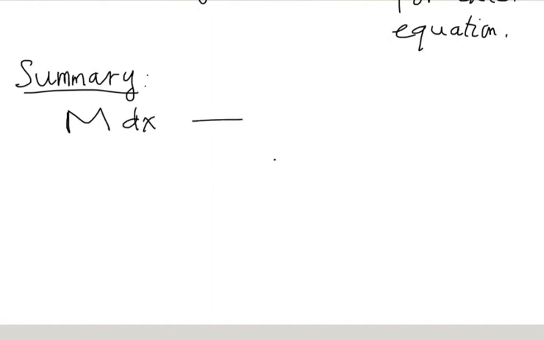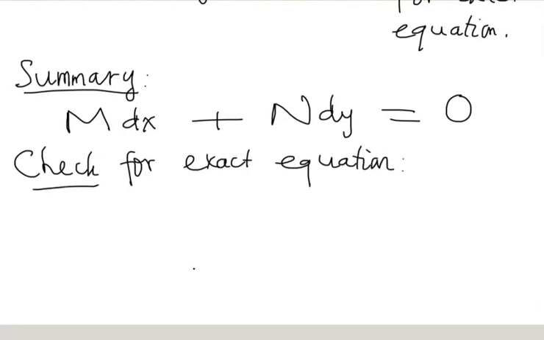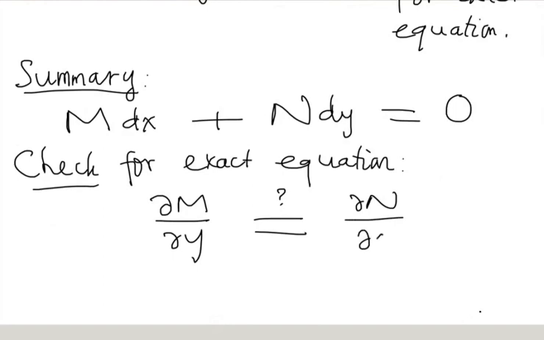So let me summarize the theory here. We look at the equation in the differential form, m dx plus n dy equals 0. So we check for exact equation by looking at partial m partial y equals partial n partial x.